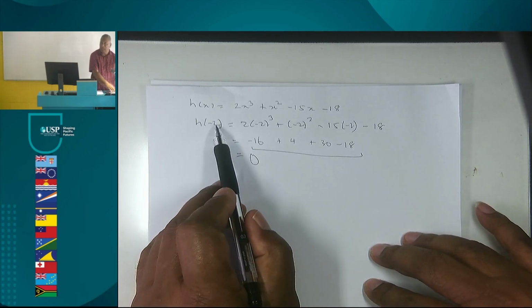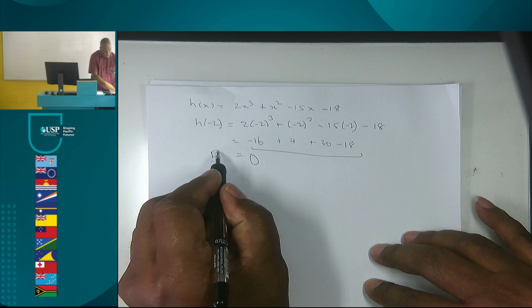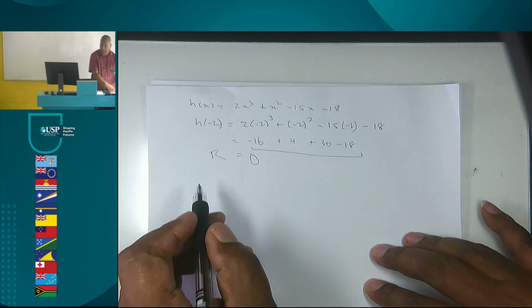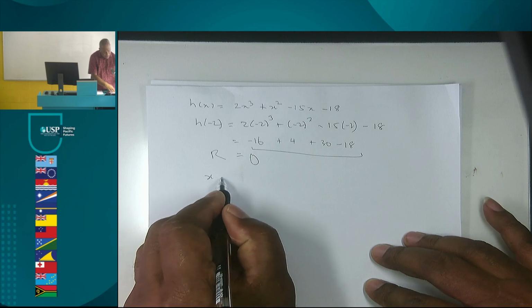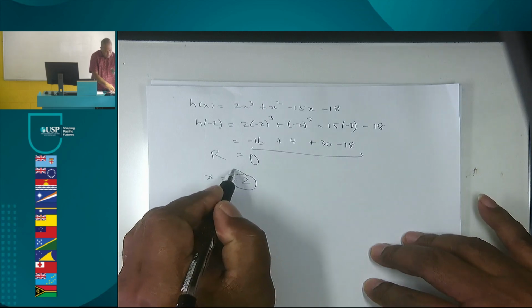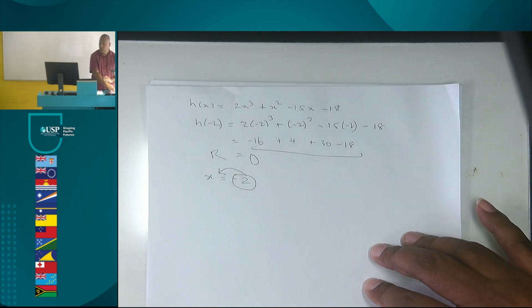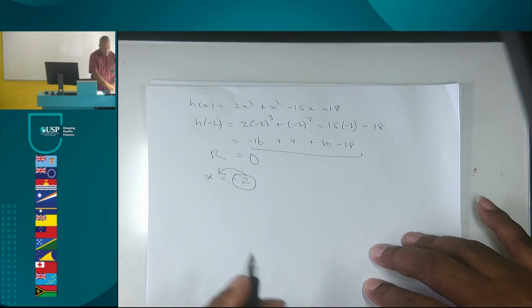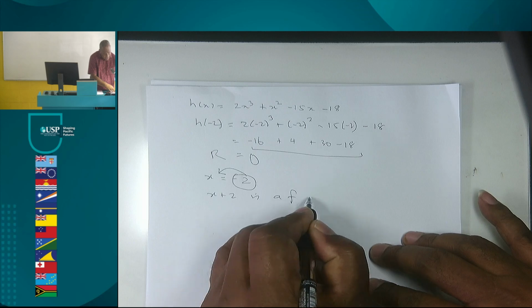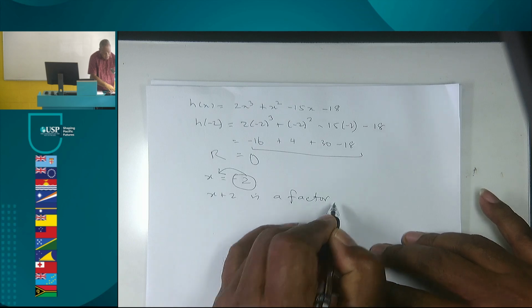So substituting negative 2 gave us the remainder 0. Do we agree? What x value did we substitute? x equals negative 2. Now, if we take negative 2 to the left, what does it become? So that means x plus 2 is a factor.